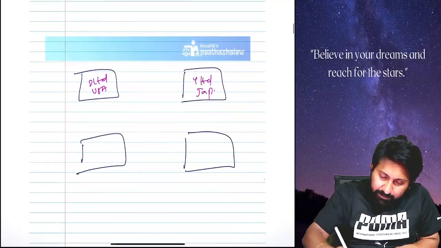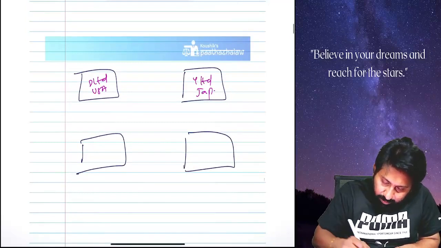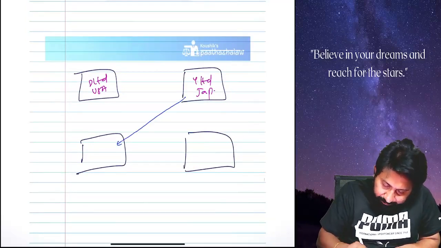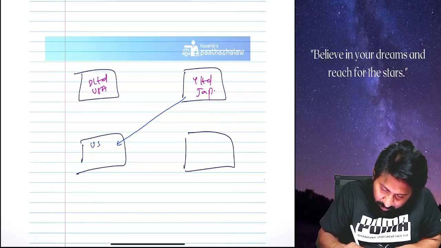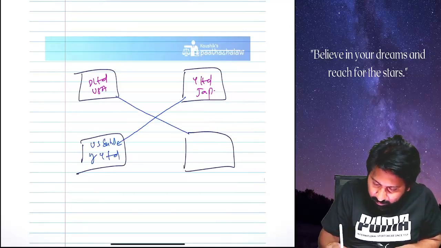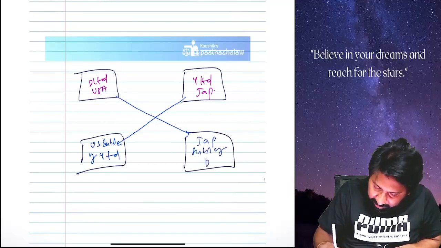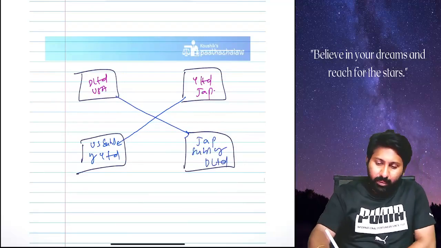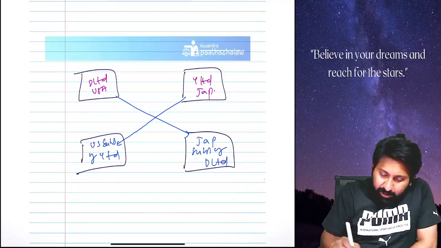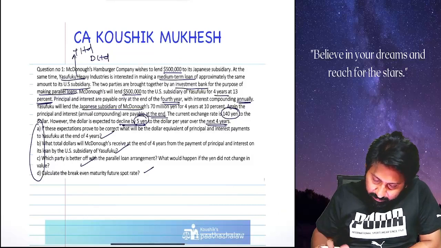Y Limited in Japan has a US subsidiary. D Limited has a Japan subsidiary. D Limited wanted to give.